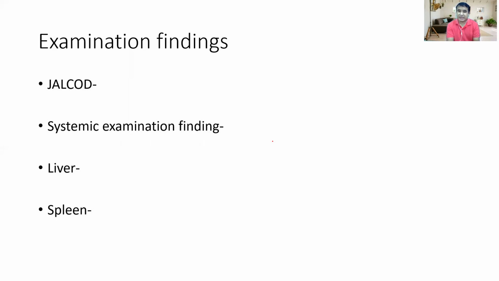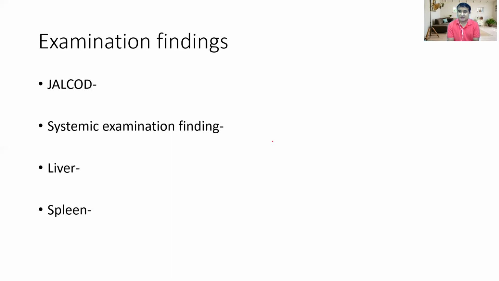The second important finding is anemia. Yes, you see the anemia. Third, lymphadenopathy and cyanosis we are not going to see. Edema is less likely in a patient with hemolytic anemia. In the systemic examination, we always have to check the liver and spleen.